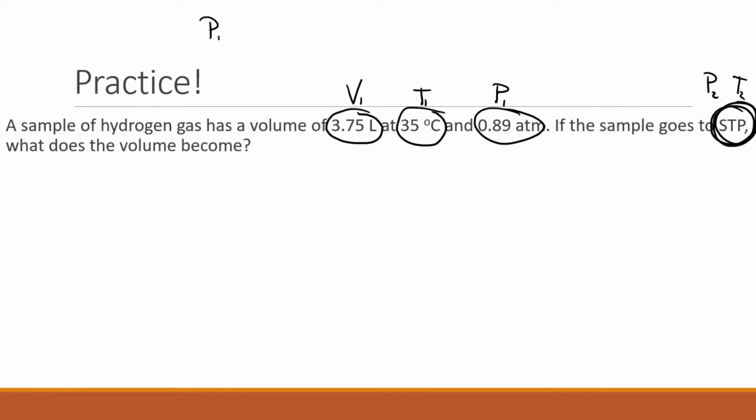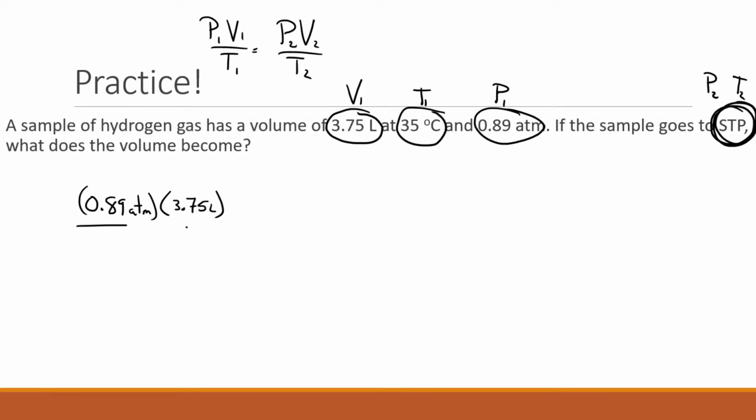So we can plug right in to our equation. Right? We have a P1, 0.89. We have a V1, 3.75. We have a T1, 35 degrees Celsius. We're not going to get fooled by them telling us STP. We know that that means that we need to check Table A on the reference table for the values, right?